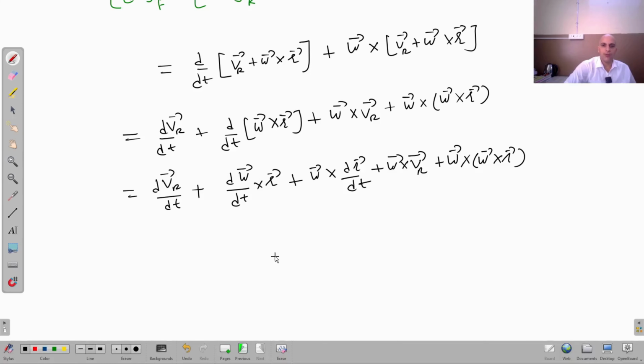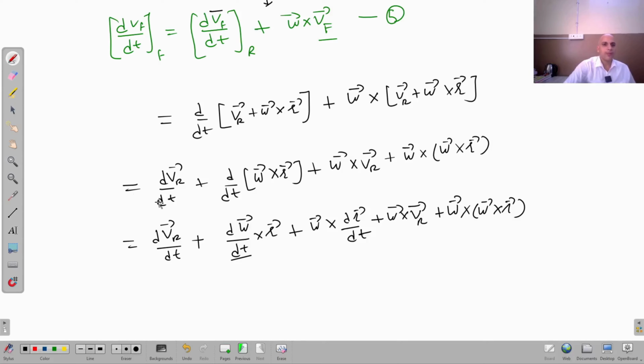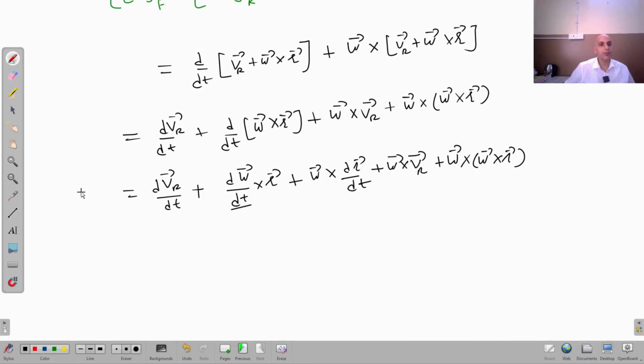So now here I got d omega upon dt. Now this is d velocity fixed upon dt fixed, so I can say that this is the acceleration with respect to the fixed frame, right?